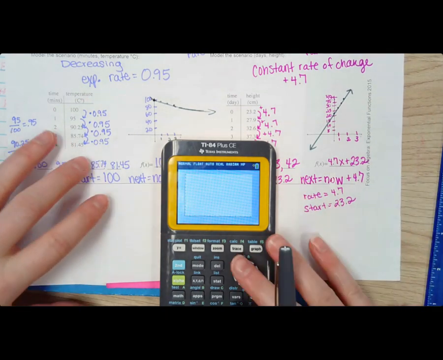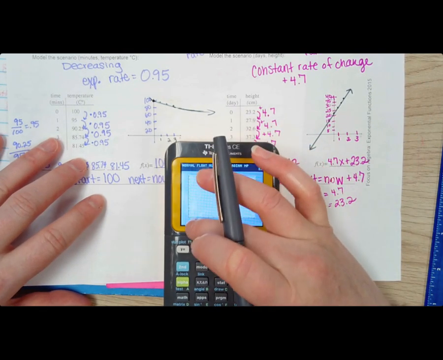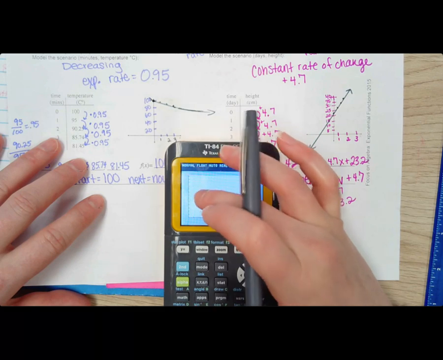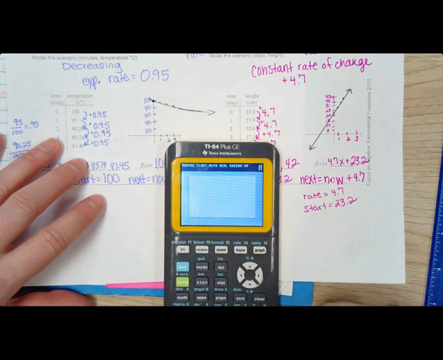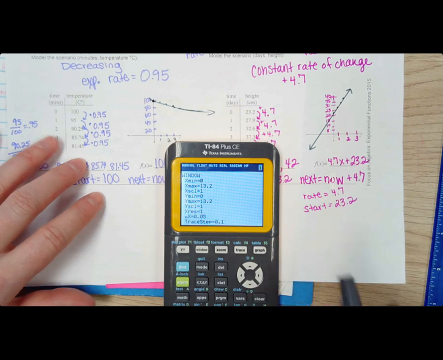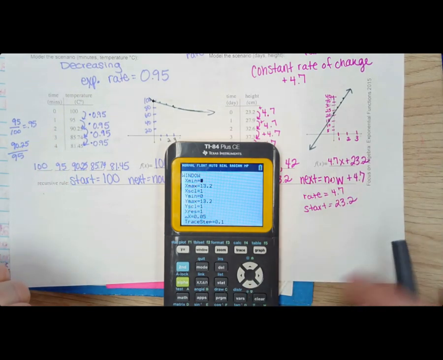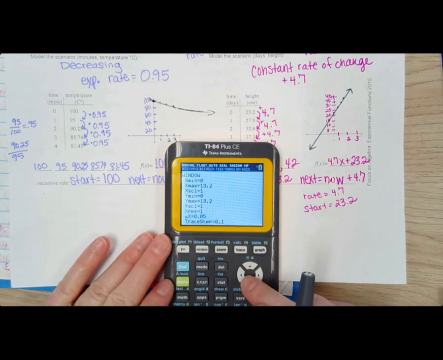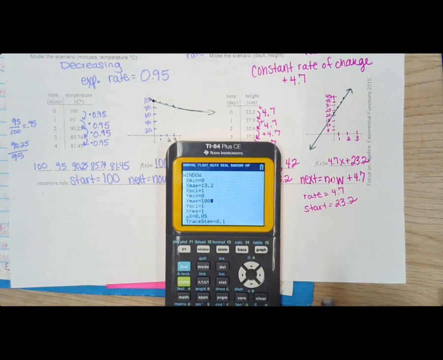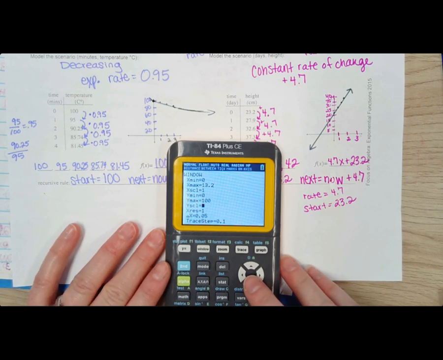You need to have your calculator and you need to do this. So what is keeping me from seeing anything? Where does this go to? 100. Yeah, it needs to go to 100. So how do I change that? Window. Okay, window. Which value do I change? Y max. Good. So I need to go up to 100. What should my scale be? 20.